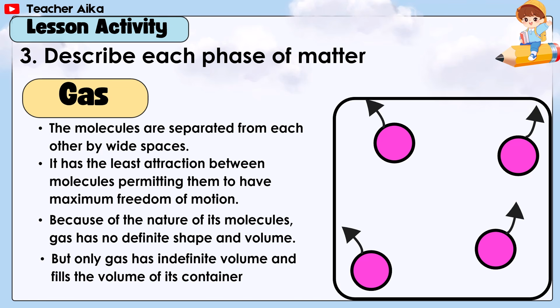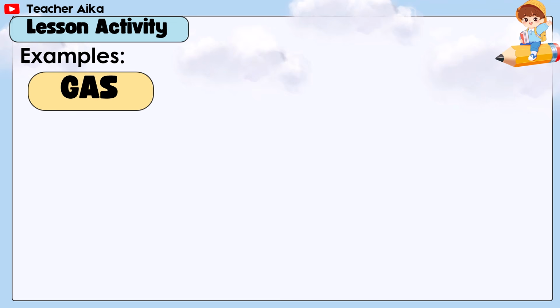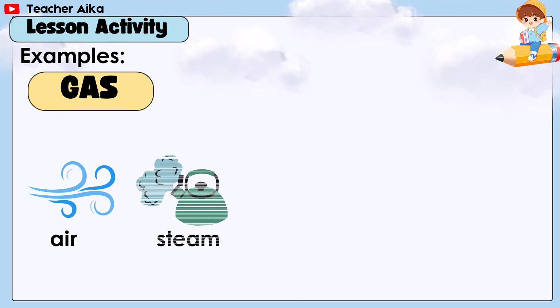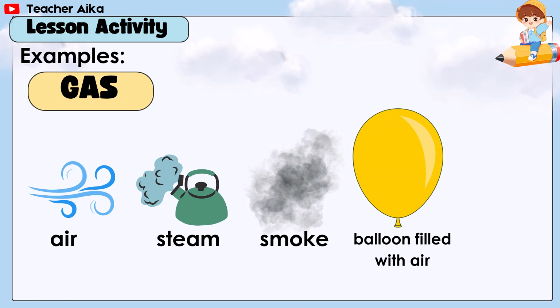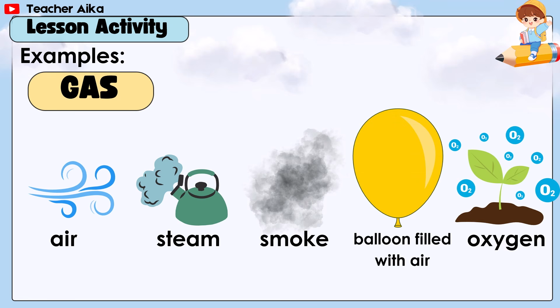Gas has indefinite volume and fills the volume of its container. Examples of gas: air, steam, smoke, balloon filled with air, and oxygen.